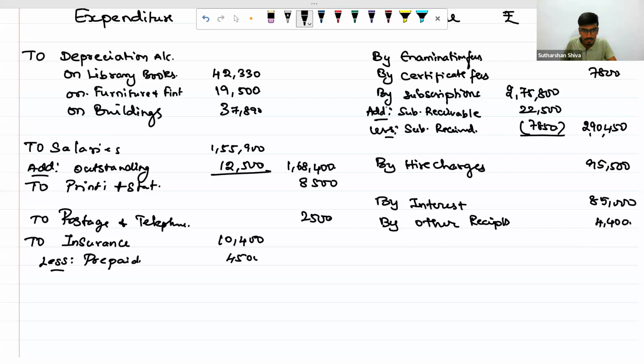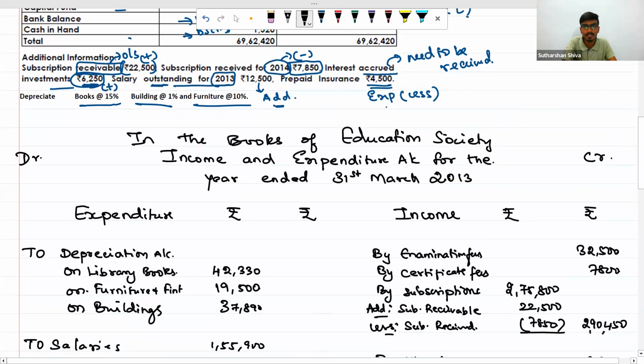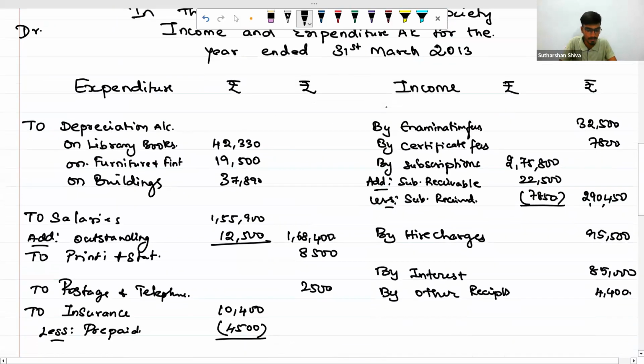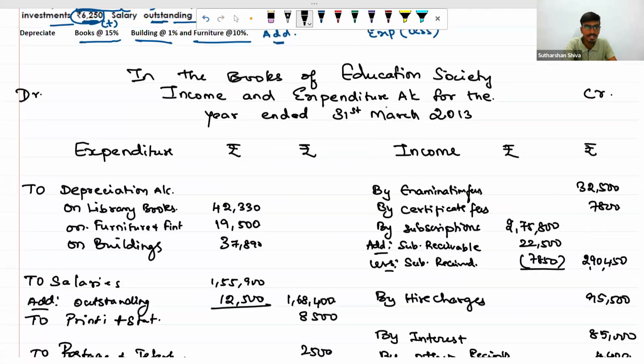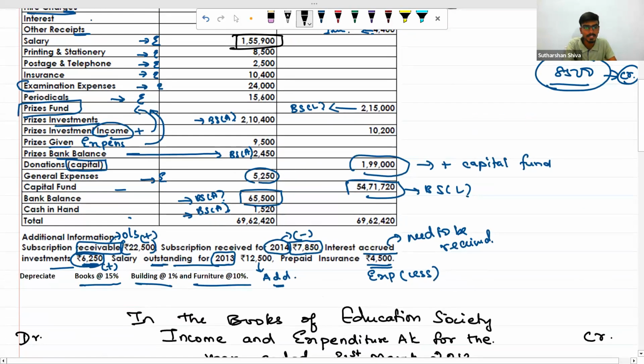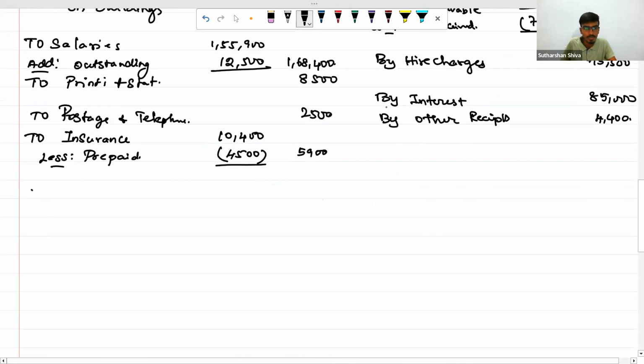That is 4,500 is a prepaid item which is given in the adjustments. We'll subtract from the expenses. We have left with 5,900. Next, we are having examination expenses 24,000.